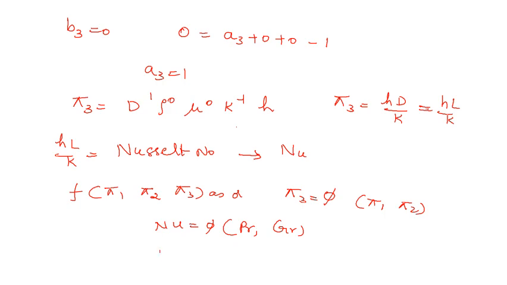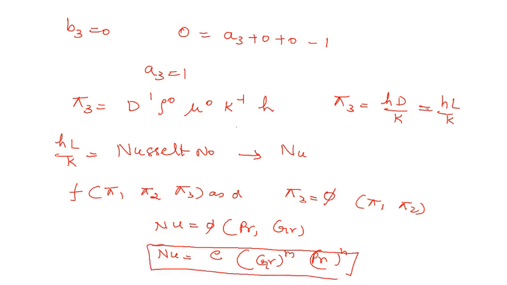Or I can also write the Nusselt number is equal to a constant times the Rayleigh number to the power m, and the Prandtl number to the power n. So this is the final equation that we can use for free convection. In the coming slide, let us see how to do it for forced convection.